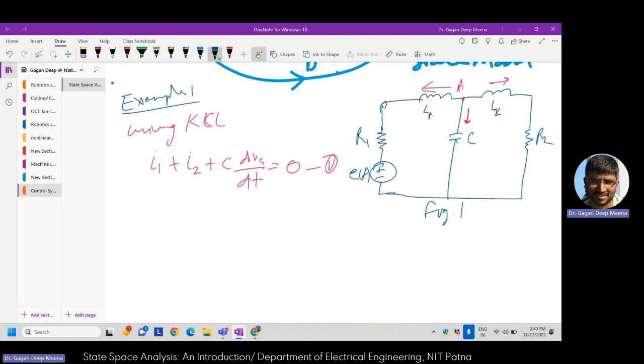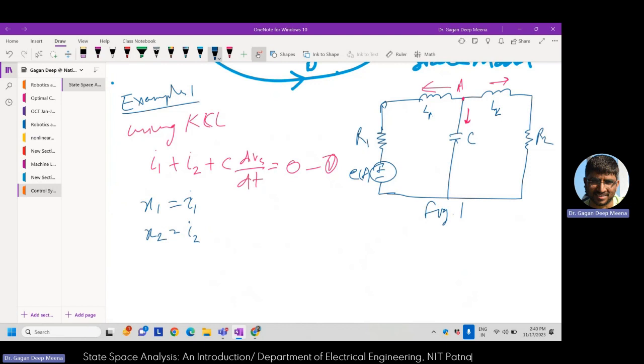So what state variables will I choose? I can give I1 as state variable x1. So current I1 is my x1, my x2 would be current I2, and the capacitor voltage will become my third state variable.